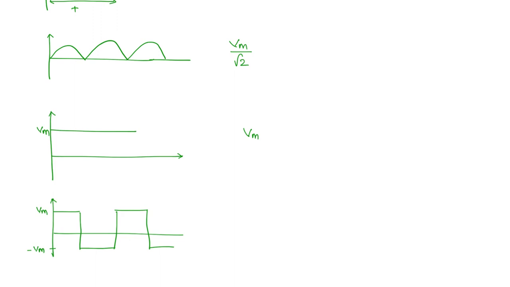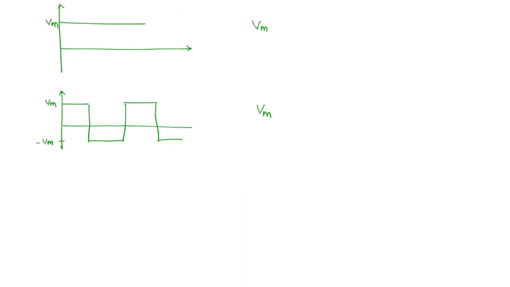Then what will be the RMS value? This also will be Vm, because this magnitude is Vm only. Forget about the sign. Just positive Vm, negative Vm. So this will have the same RMS value as this. This one is a good point to remember. It can come in handy.